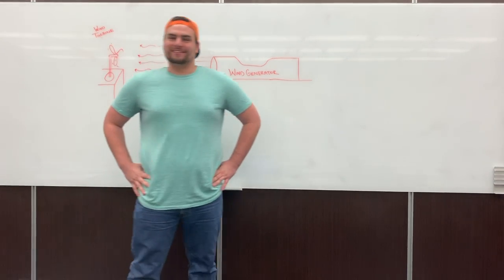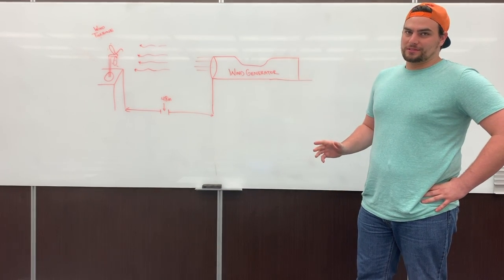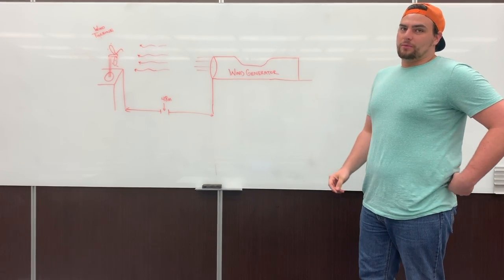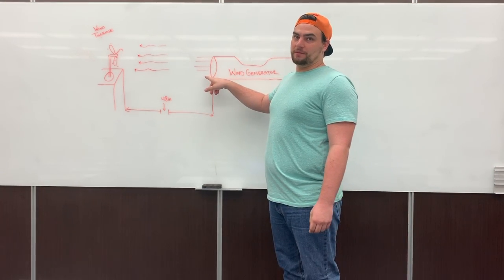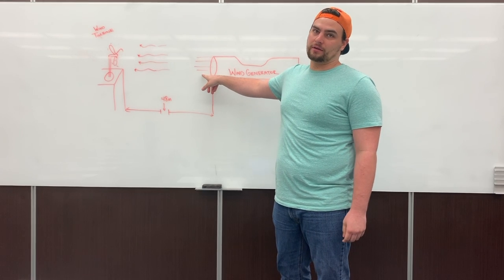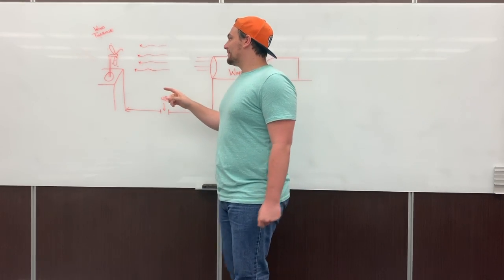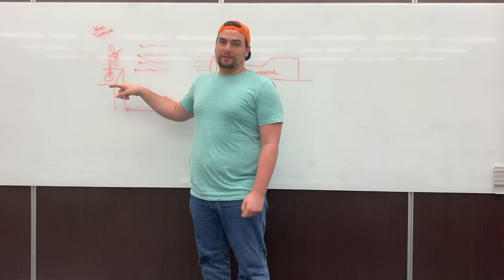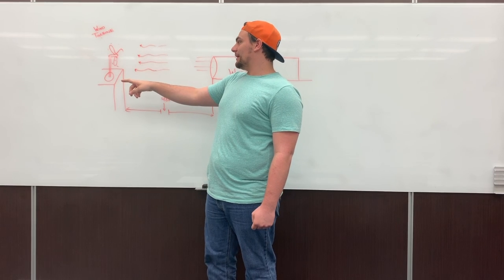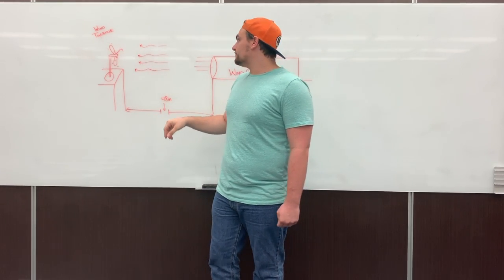Wow, that was interesting. I'm going to talk to you guys about the results and how we got them. We had to measure a couple of things. First, we had to measure the speed of the wind as it came out of the generator. Luckily, the computer did it for us. Next, we used an external reader that read the voltage and the amperage that was produced by this turbine.